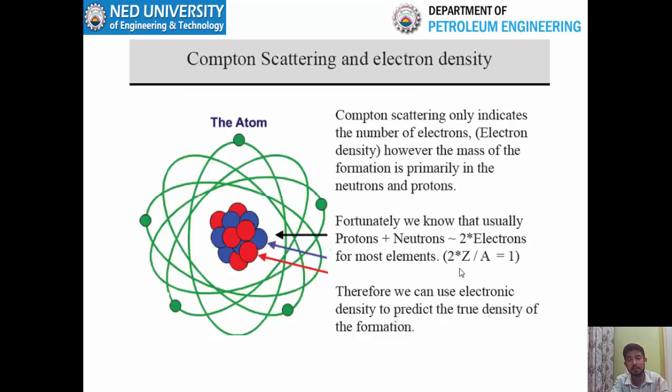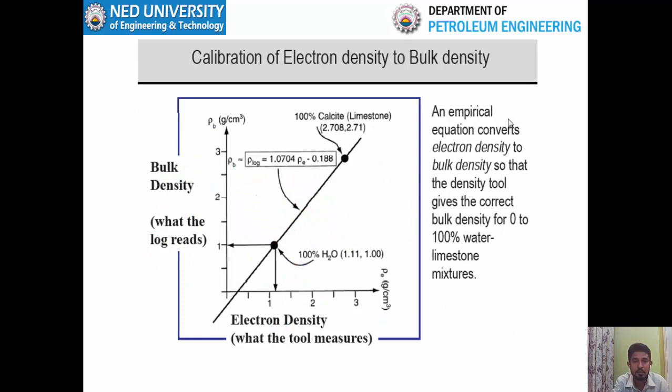So the tool measures electron density, and for most materials electron density is equal to bulk density, and when there are some differences, those differences are compensated by using this correlation.